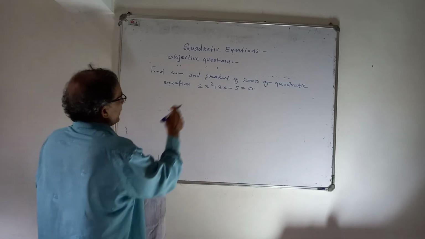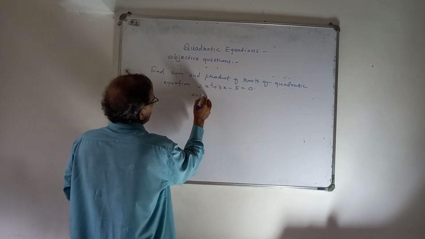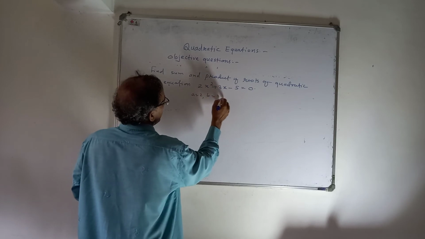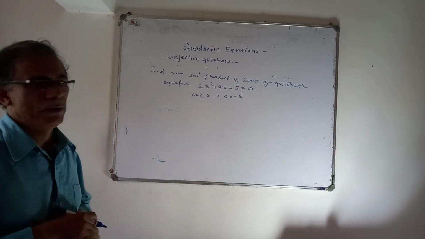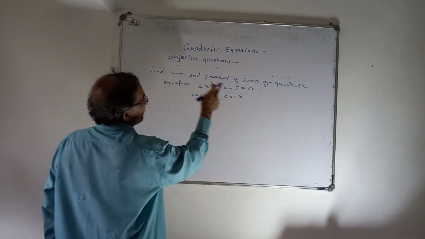Now here the value of a is what? a is equal to 2, b is equal to 3, c is equal to minus 5. If you want, you write, otherwise no need. Okay. Now find sum and product of roots.